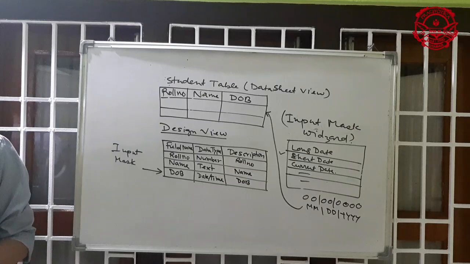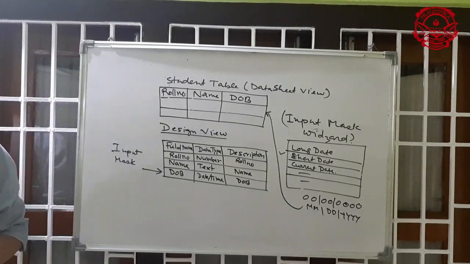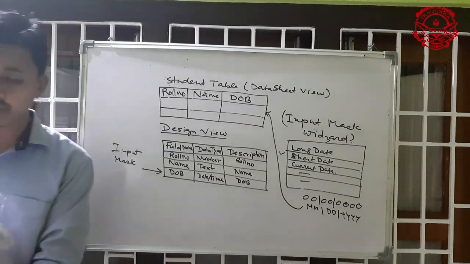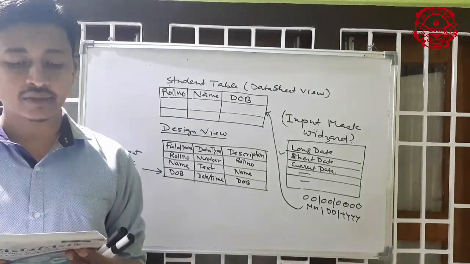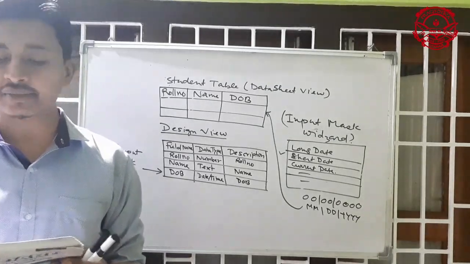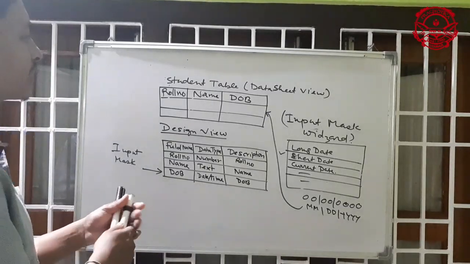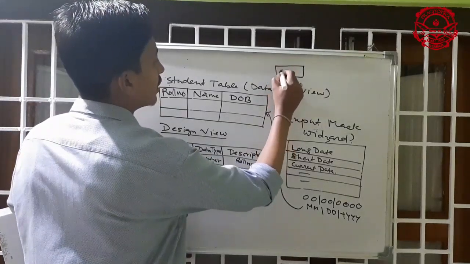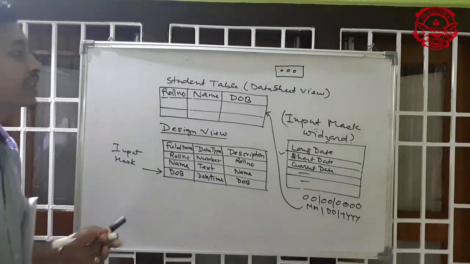Here you can see the steps are given, but the example is different. Here the example is a phone number. How will the phone number look? Go to the button at the extreme right in the input mask property. There is an icon for the input mask wizard, the three dot icon.